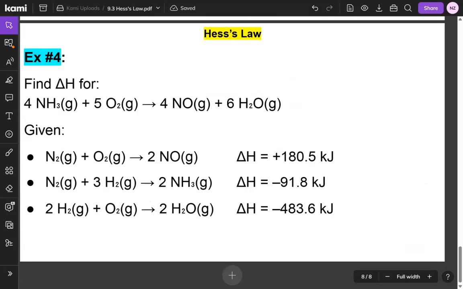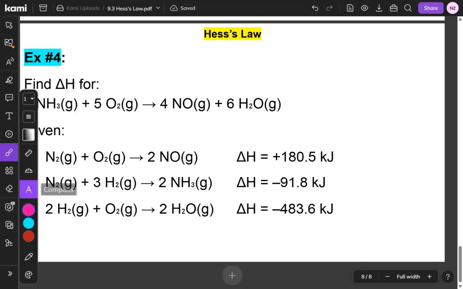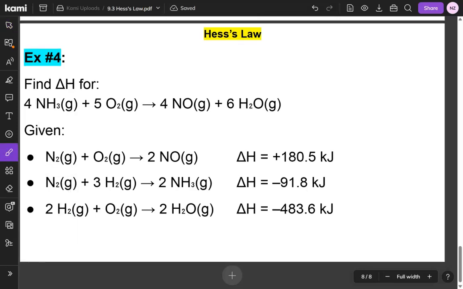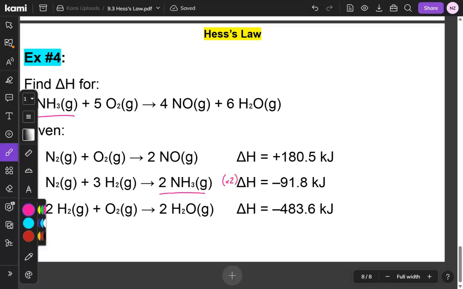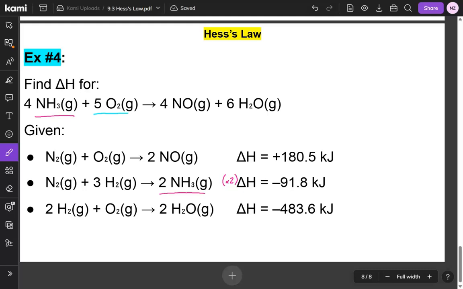All right, here's our last example. This one is a doozy. So we've got NH3. NH3 is only in the second equation, and it's the wrong number, so we're going to need to multiply this by 2. We have oxygen.